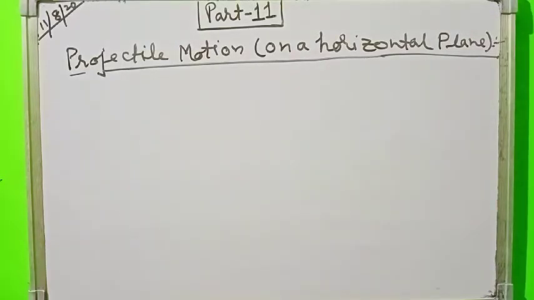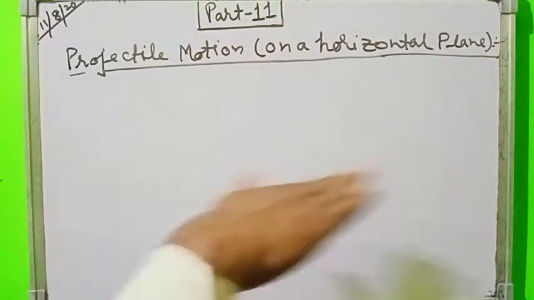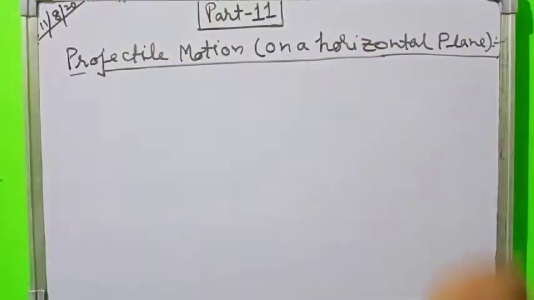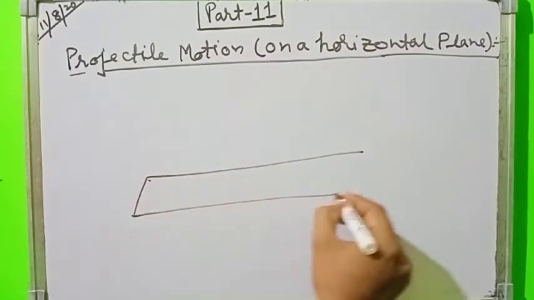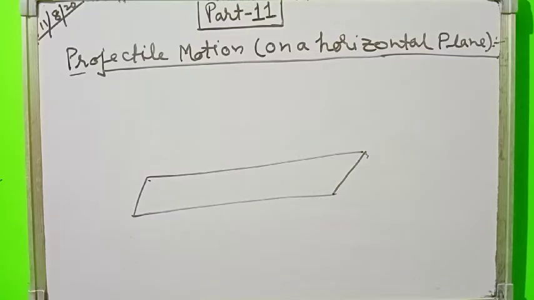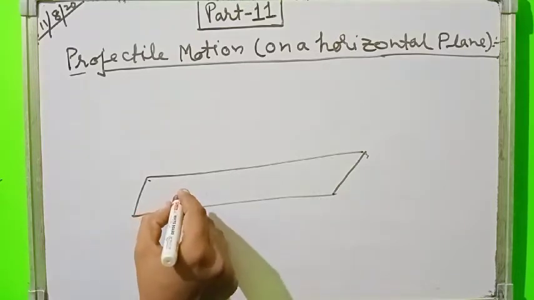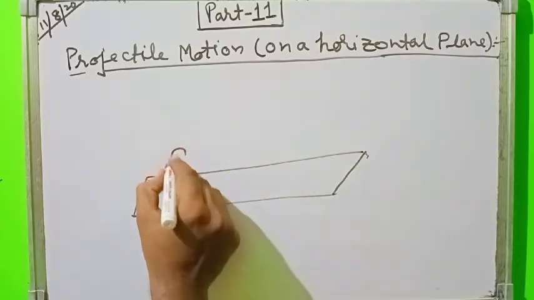Horizontal plane means just like this. This is the horizontal plane, and on this horizontal plane a man is standing here.